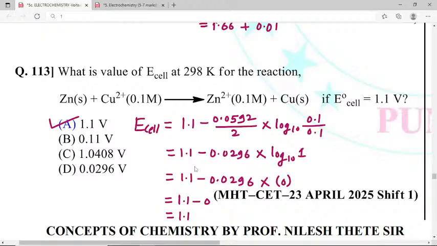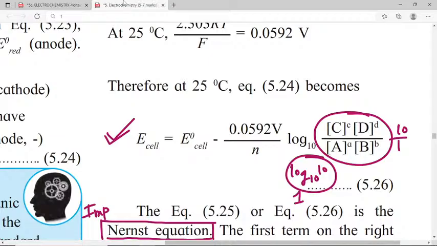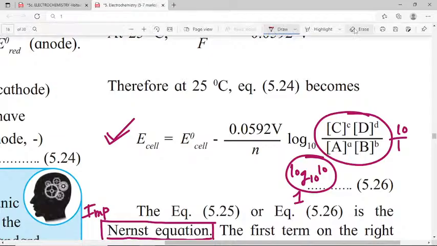Log 1 to the base 10 is 0. This is by using the Nernst equation.